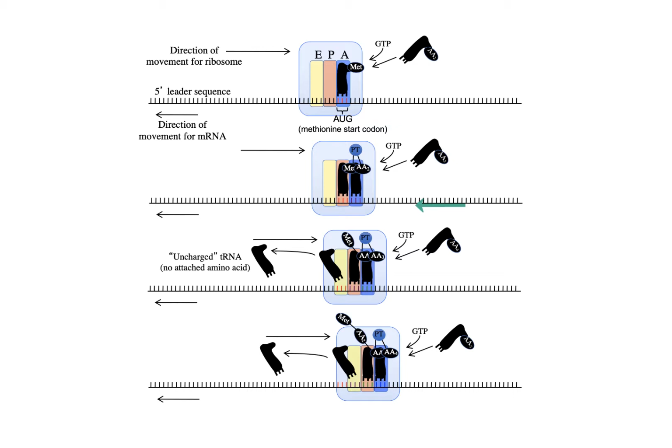There's a shift by 3 nucleotides, that movement caused by the hydrolysis of GTP and the action of the small subunit. That shift also moves the tRNA in the A site over to the P site, and that leaves the A site open for a new tRNA with a different amino acid on it.